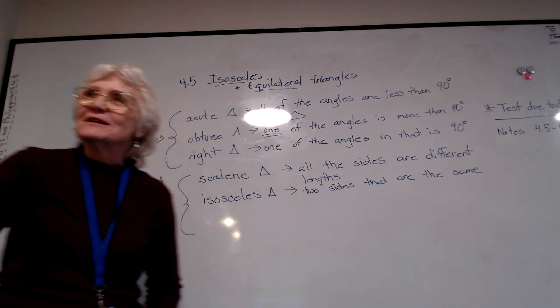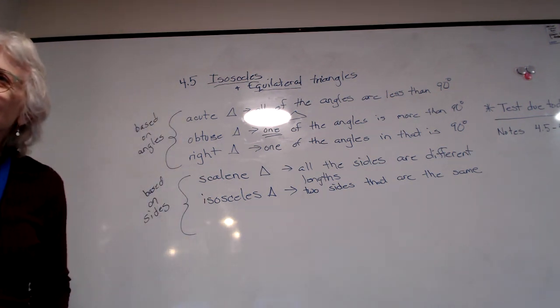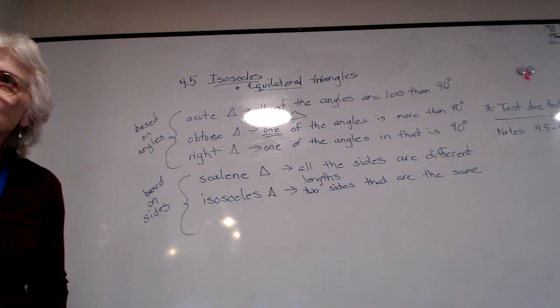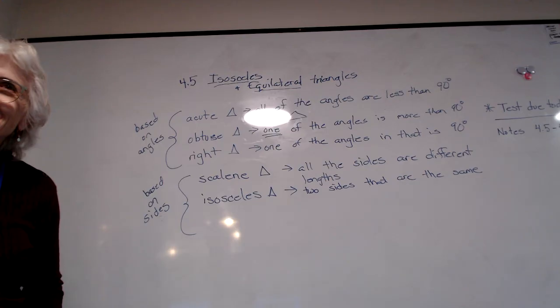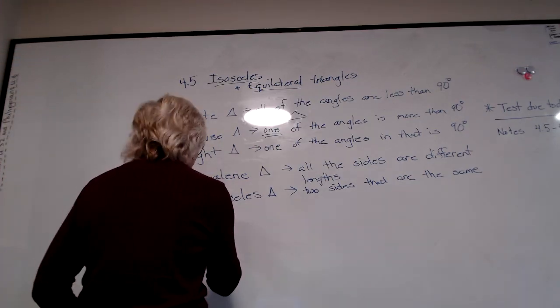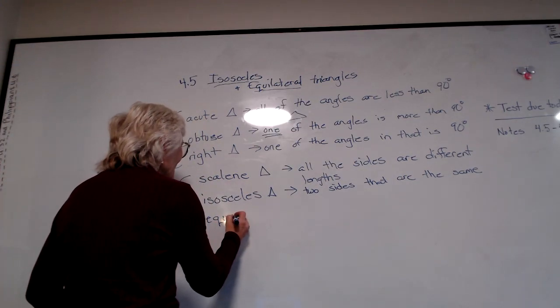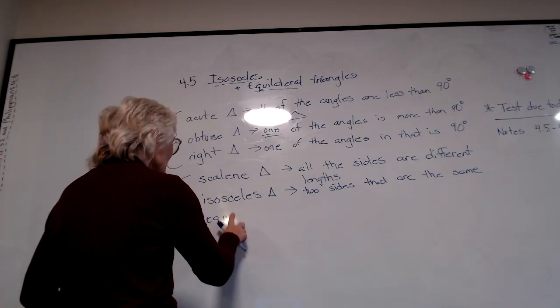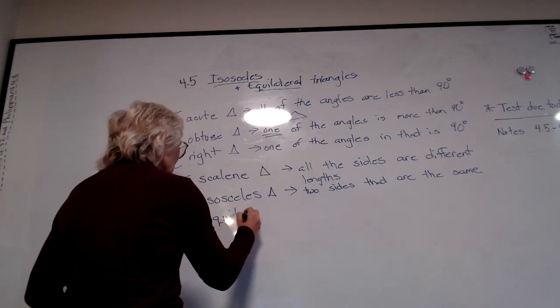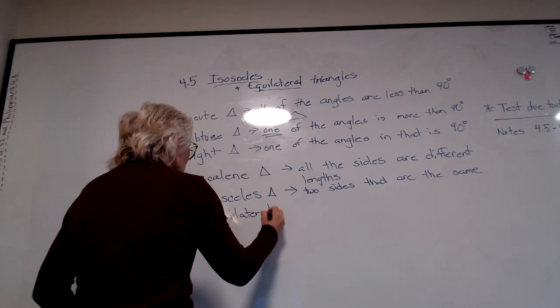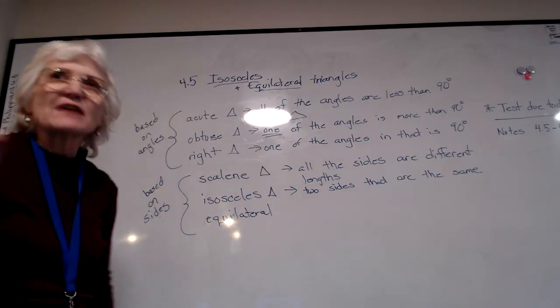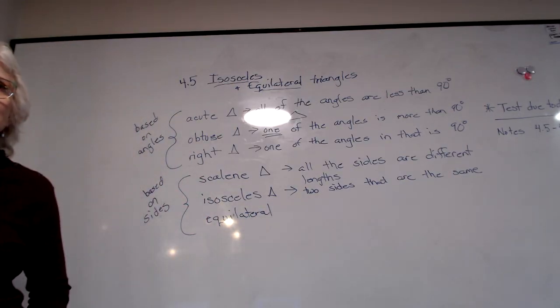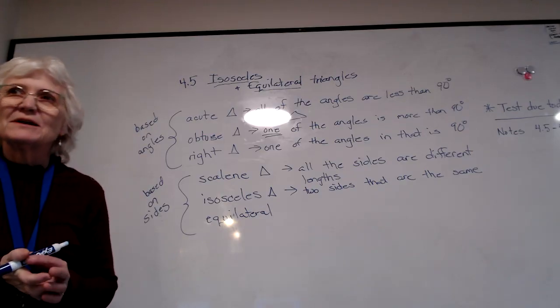So that's one of the ones we're gonna talk about. What is the last one? I don't know the name, but it has all equal sides. Yes, and look up at the board. Do you think you can see what it might be? Harrison. Equilateral. So I don't know if you know what a lateral pass in football is. Anybody know? To the side.